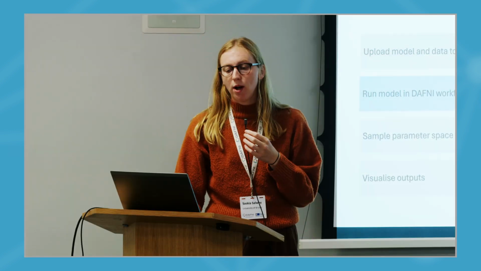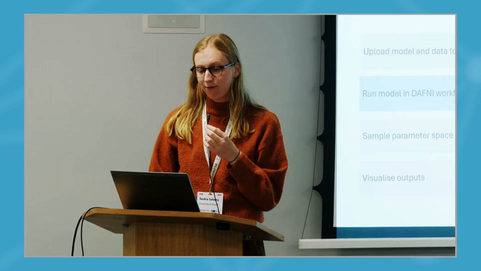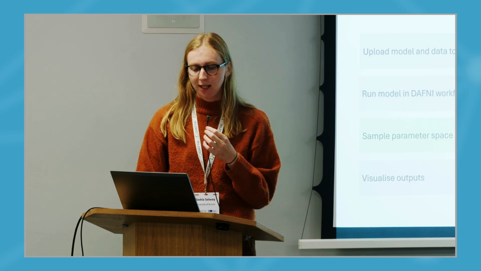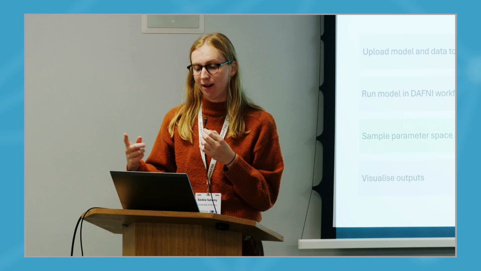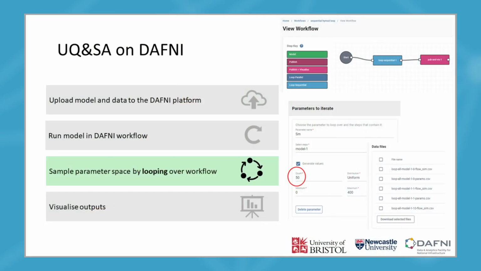We then need to make a workflow to run this model on DAFNI. That's pretty straightforward. We then use the convenient looping function to loop over this workflow and essentially iterate through these input parameters, and we define ranges for those as well.